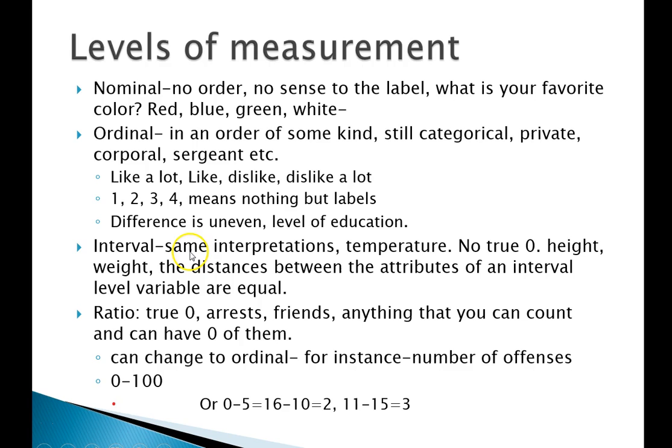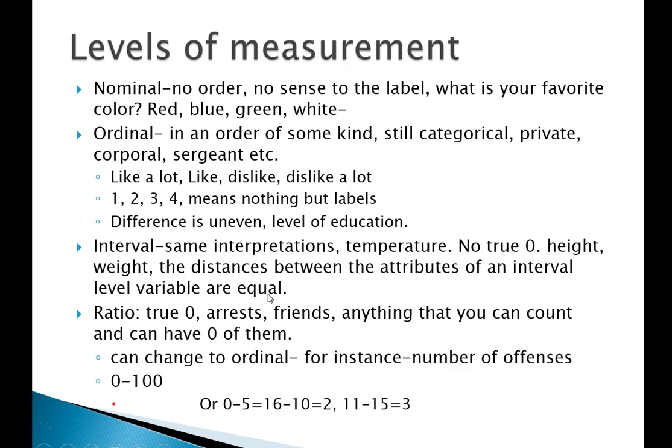Interval, same interpretations, like temperature. It means there's no true zero. For instance, height and weight, because even though there's no zero in height, it's always going to be over zero. And the distances between the attributes, like your temperature, 31, 32, are equal.